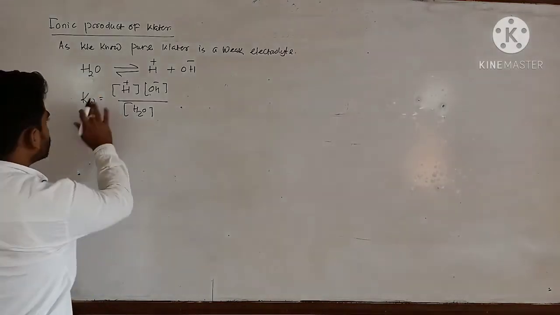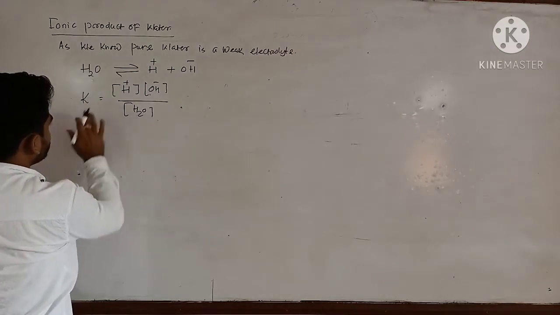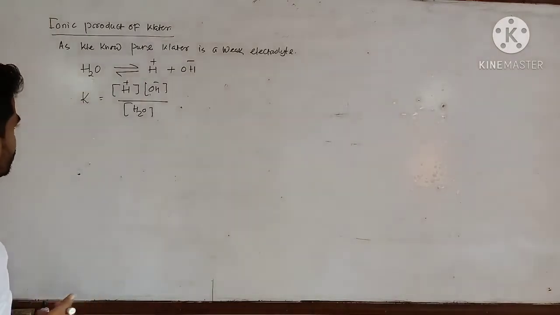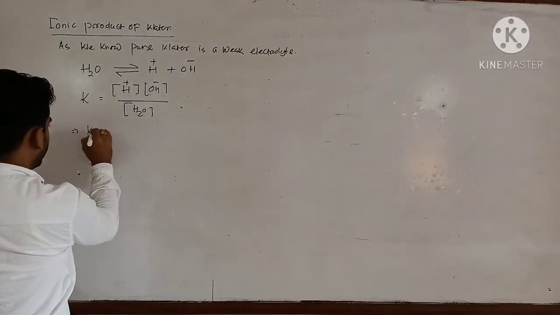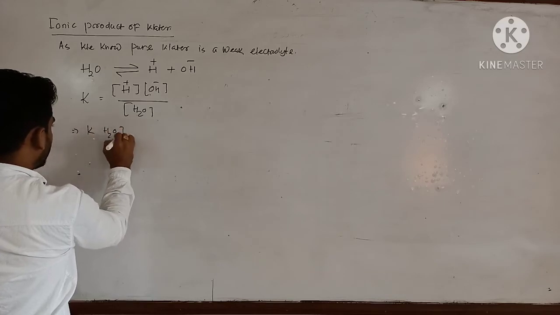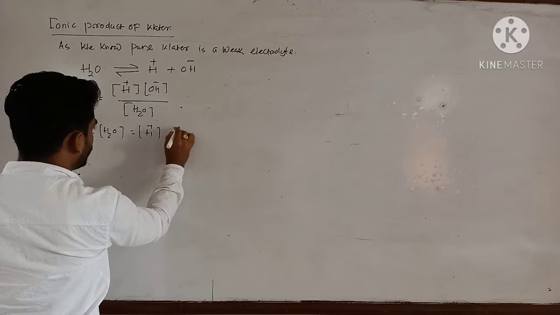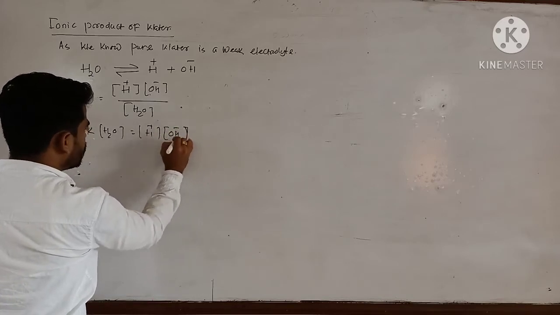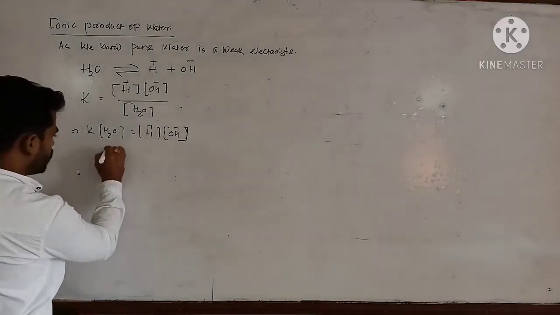So better you just write this as K, simply the equilibrium or dissociation constant of water, K, that is equal to this much. Now that implies K into the concentration of water will be the product of H plus and OH minus. Now you tell me, this concentration of water is taken to be constant.